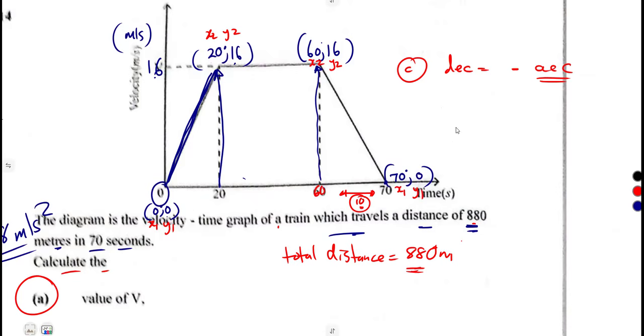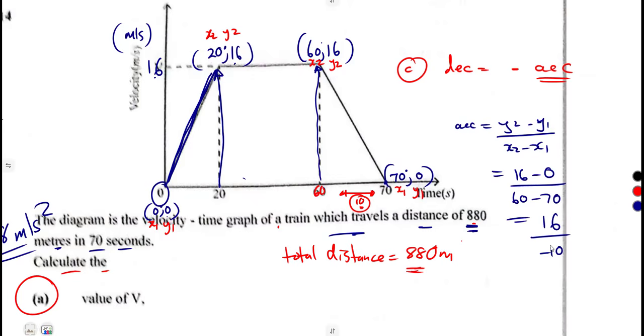I can find my acceleration using y2 minus y1 over x2 minus x1. Another way is simply the same: 0 minus 16 for the y values, 70 minus 60 for the x values. That gives us negative 16 over 10, which is negative 1.6 meters per square second.